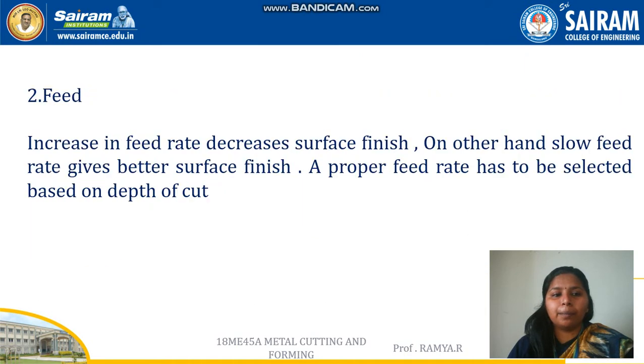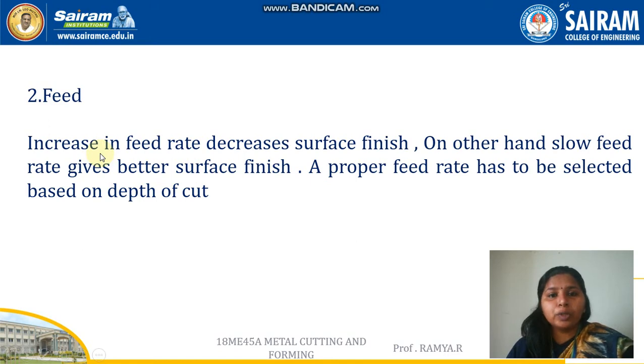The next parameter is feed. Increase in feed rate decreases surface finish. On the other hand, a slow feed rate gives better surface finish. A proper feed rate has to be selected based on the depth of cut. So in this parameter also, if the feed rate is increased, it decreases the surface finish.